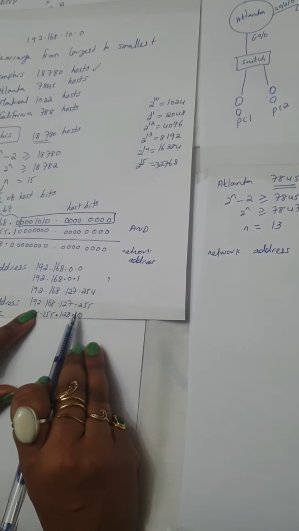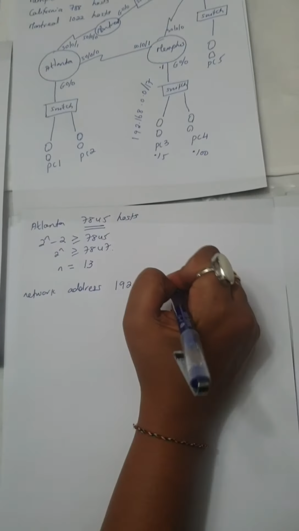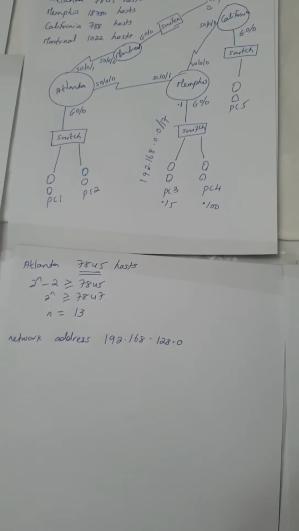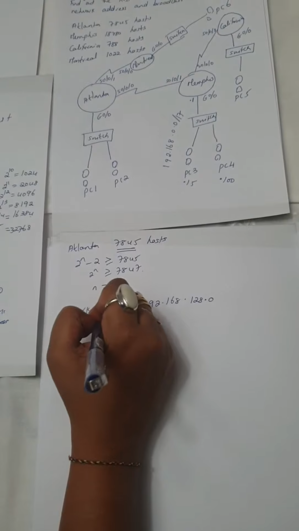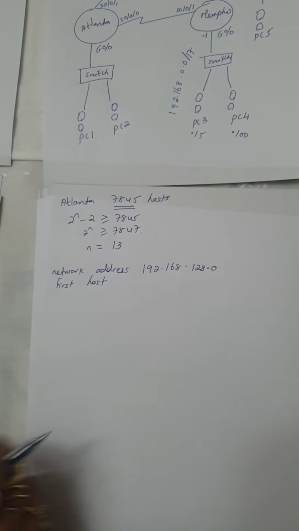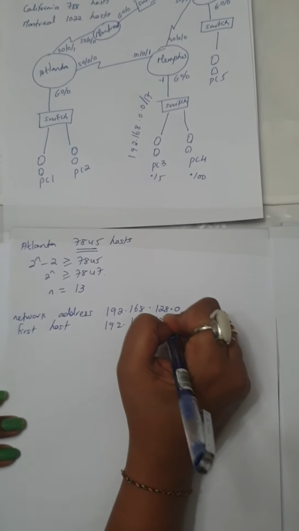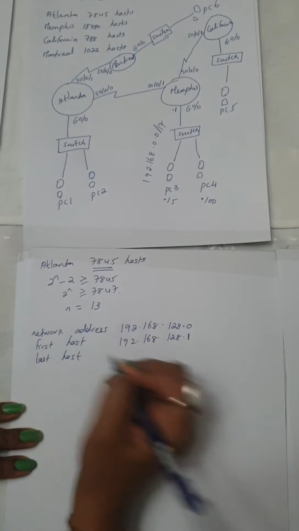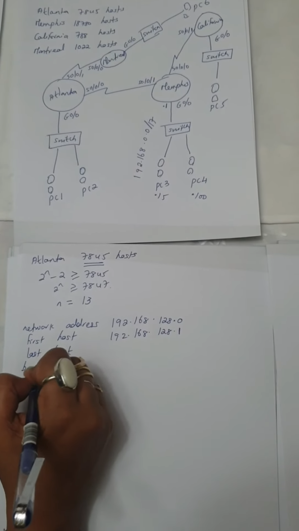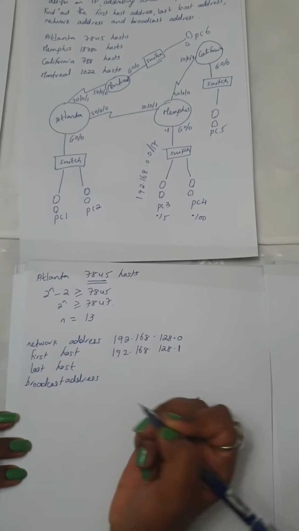The highest is 255. So now 1 comes here, 128.0. The first host address will be 1 after the network address, 192.168.128.1.